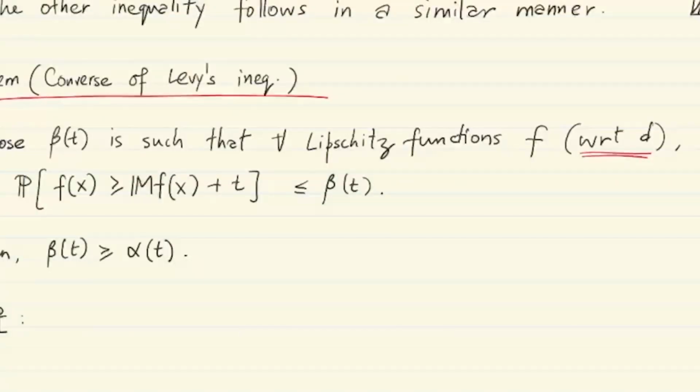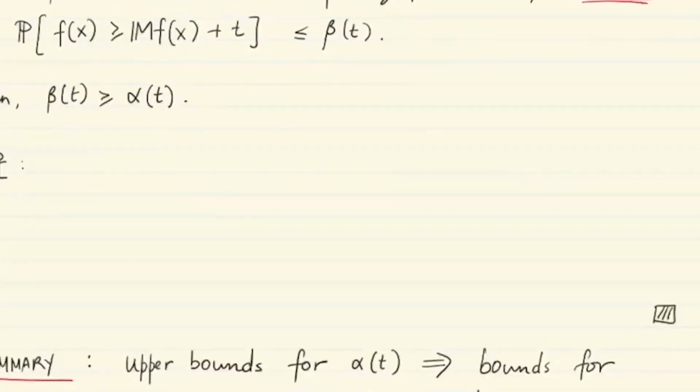So Levy's inequalities are essentially tight over all Lipschitz functions f, and the reason this is true is the proof of this converse, which basically says that you define this function f_A of x.